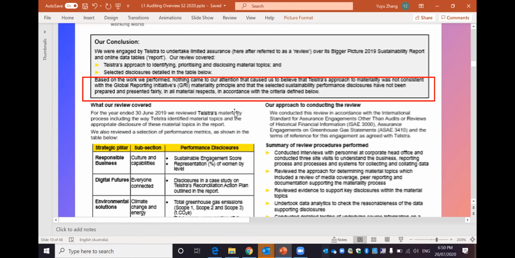So if we only retain the important keywords here, that is, nothing came to our attention to cause us to believe something was not consistent, something was not prepared in a true and fair view. Is that right?